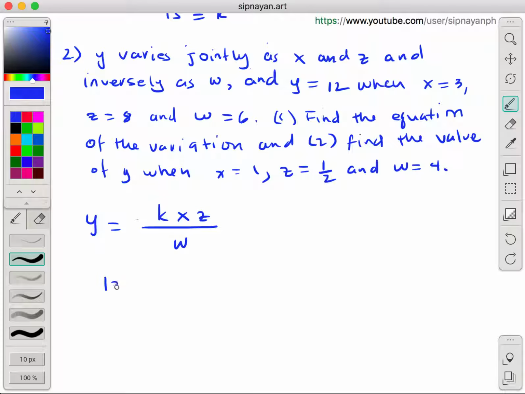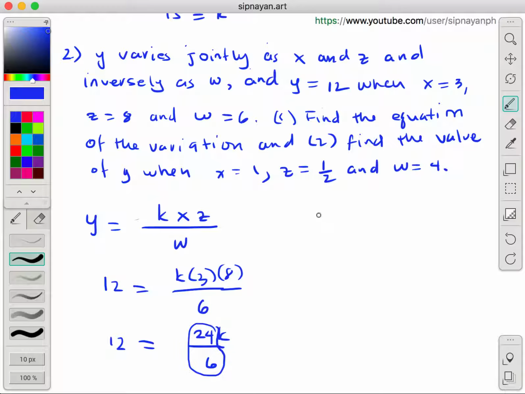So 12 equals k times, what is the value of x? We have 3. And the value of z, we have 8. And yung w natin sa baba is 6. So we have 12 equals, 3 times 8 is 24, that's 24k divided by 6. And yung 24, pwede natin divide by 6, this is 4.